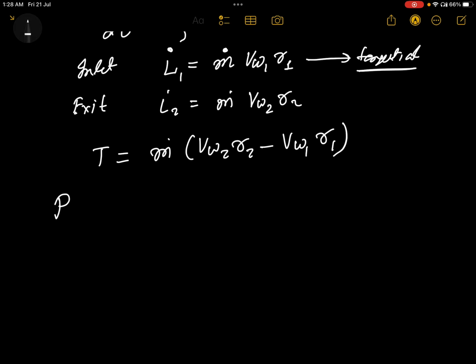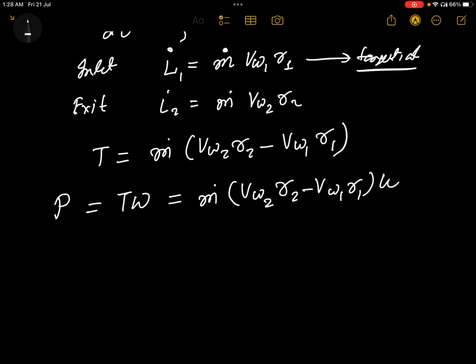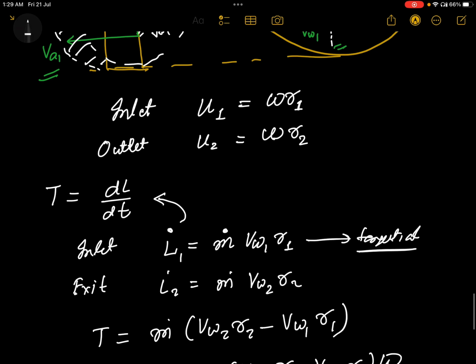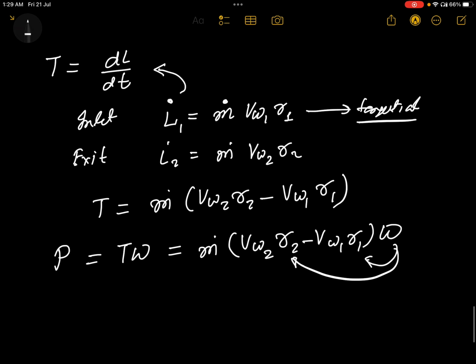So how will you define power? Power is equal to T into omega, so this will be m dot (vw2 r2 minus vw1 r1) into omega. Fine. Now, if you enter this omega inside, then from the above figure, omega r1 and omega r2 are u1 and u2.